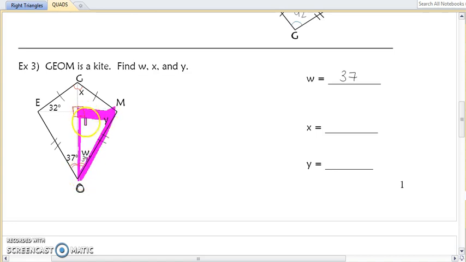We know that this 90-degree angle plus the 37 plus the Y must add to 180 degrees, right? 90 plus 37, I'll take that away from 180, and we'll get a measure of 53 degrees for Y.